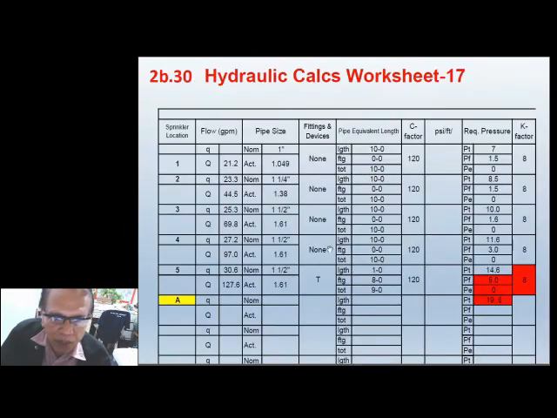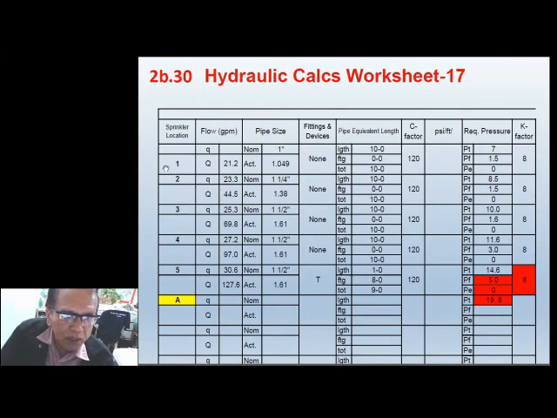So after analysis of the 5 sprinklers, you will be able to determine that the pressure is about 19.6 psi, and the volume of water, Q, is 127.6 gallons per minute.